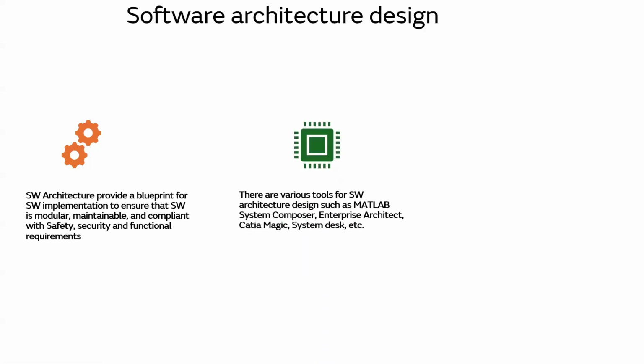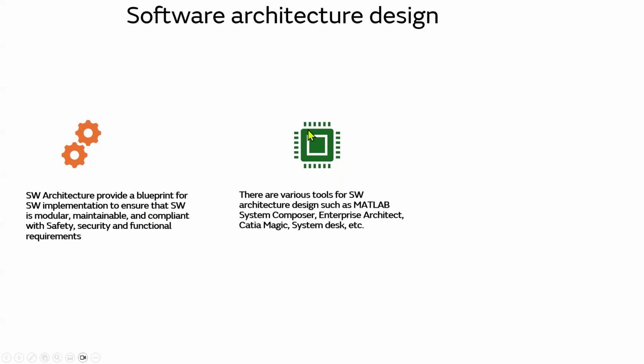You use some different tools to do that. So you could architect the software using tools like MATLAB. MATLAB has something called MATLAB System Composer. You have some other tools like Enterprise Architect, CATIA Magic, SystemDesk, which is the dSPACE tool, and so many other tools.